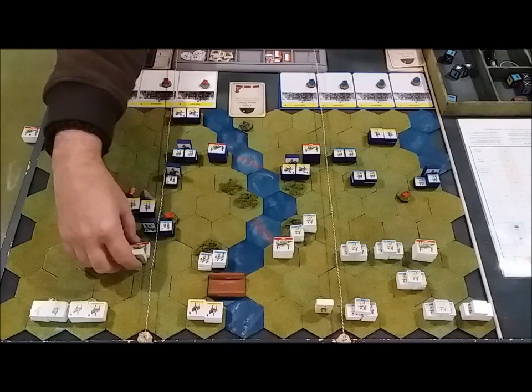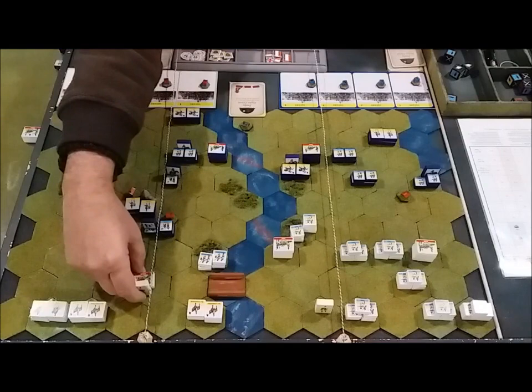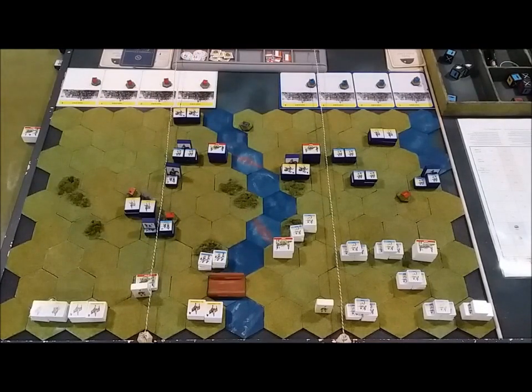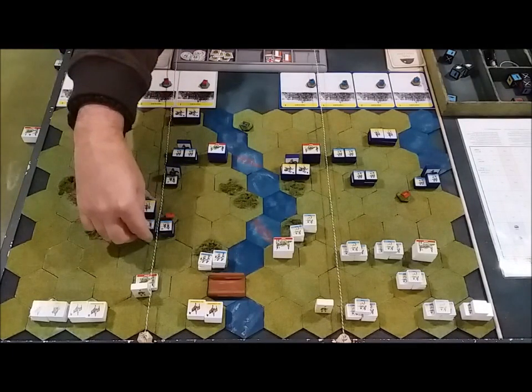And I think they will retreat 1 to there and ignore the second. And that's that.